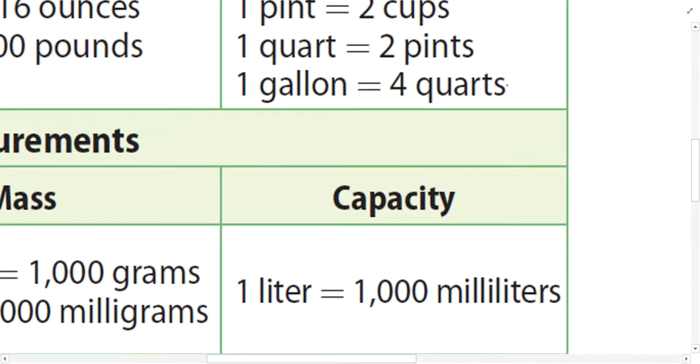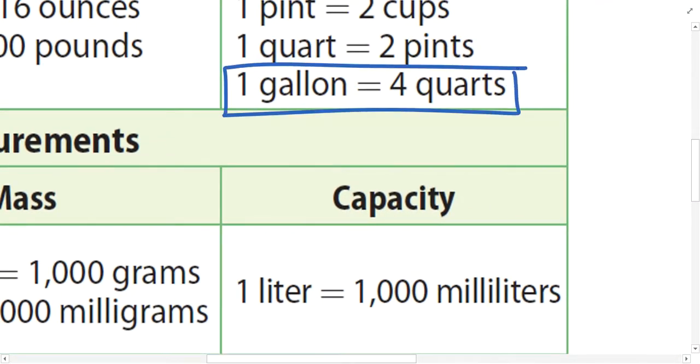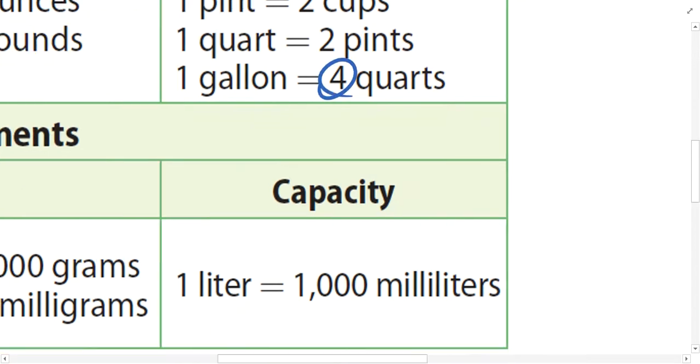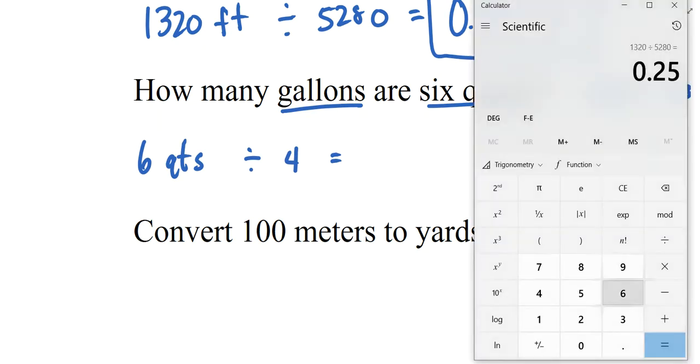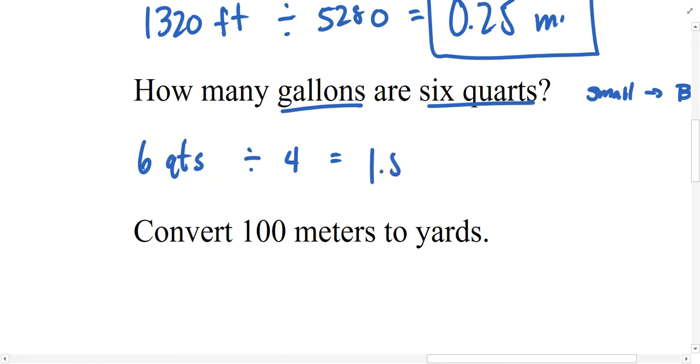And here it is. 4 quarts are in 1 gallon. So we're going to use this conversion factor of 4. So let's take 6 quarts, divide, since we're going from a small unit to a large, divide by 4 quarts per gallon, and 6 divided by 4 is 1.5 gallons.